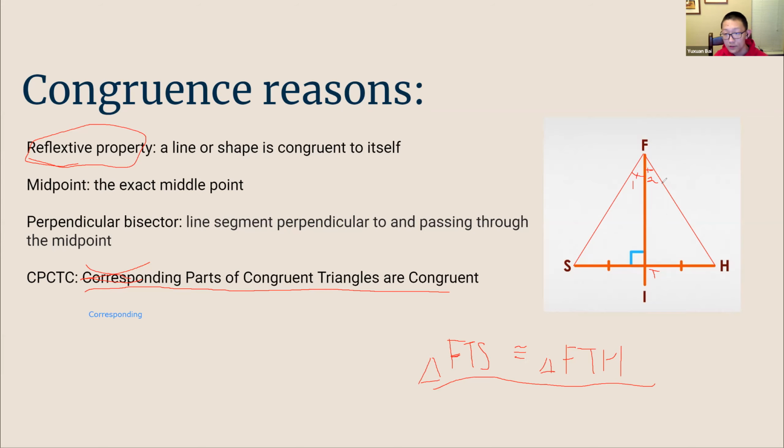They are corresponding parts because they match up to each other. So we know that if triangle FTS is congruent to triangle FTH, then angle TFS, or angle 1, is congruent to angle 2.